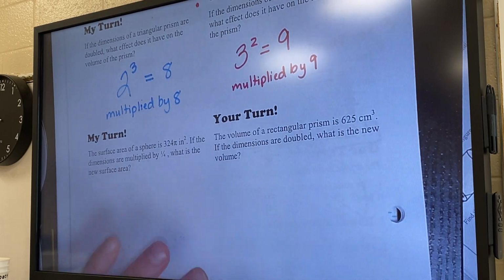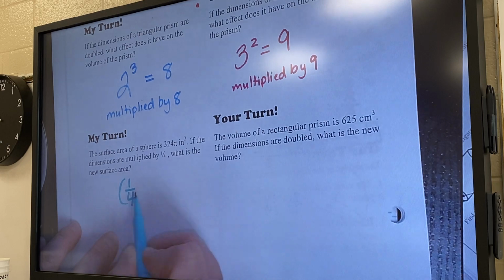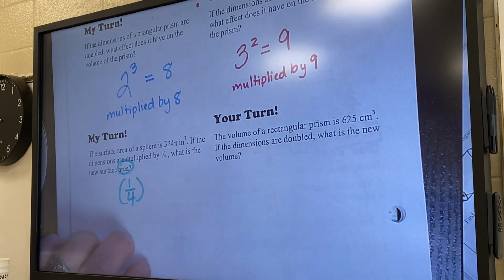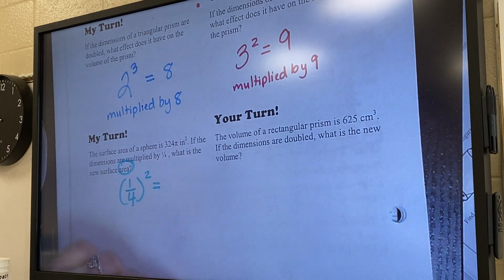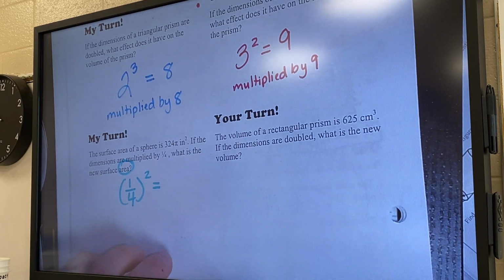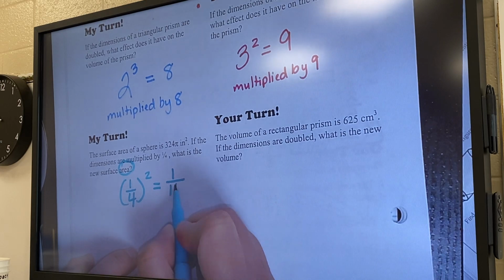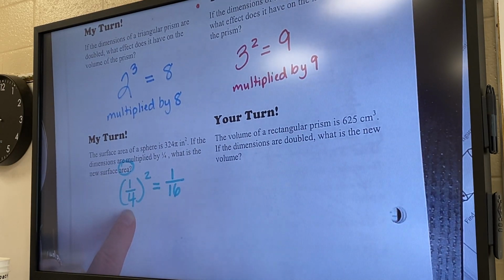So our base is what number? A fourth. Good. And it's area, so we will square it. So what is 1 over 4 times 1 over 4? Going straight across. Which is 1 over 16. Because 1 times 1 is 1, and 4 times 4 is 16.